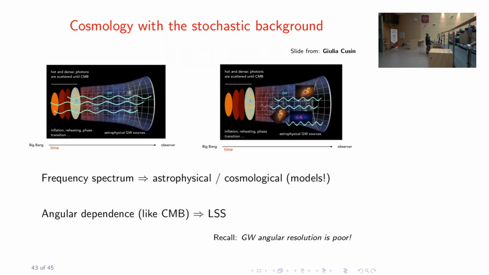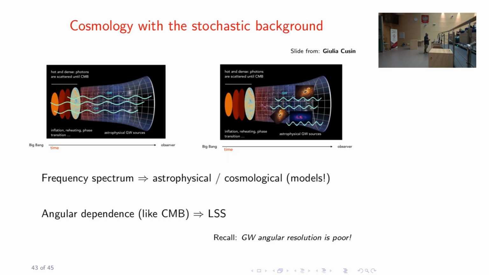There can be certain cosmological models which can give a large amount of stochastic gravitational waves even with the current generation detectors. So we are already putting constraints on various models such as cosmic strings and phase transitions from the current detection.